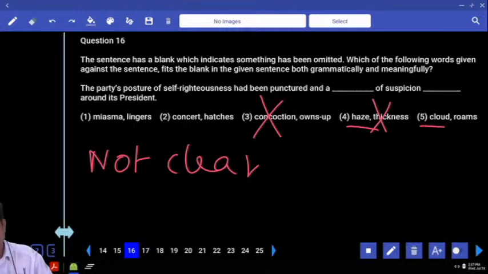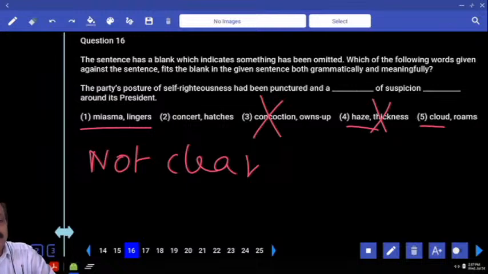Hold this one. Roams around its president. Now you have to decide between the first one and the fifth one. Miasma, literal meaning is what? Unpleasant fog that smells bad. That is a literal meaning. But here, based on the context, something negative or positive?